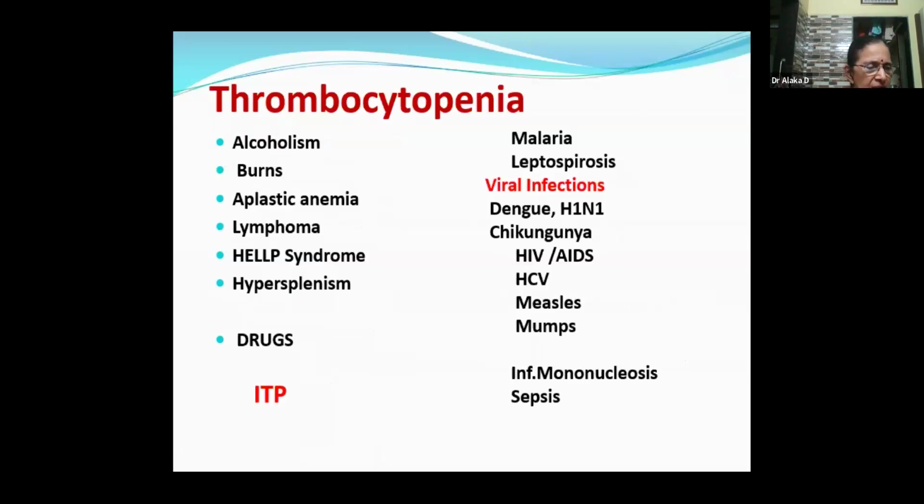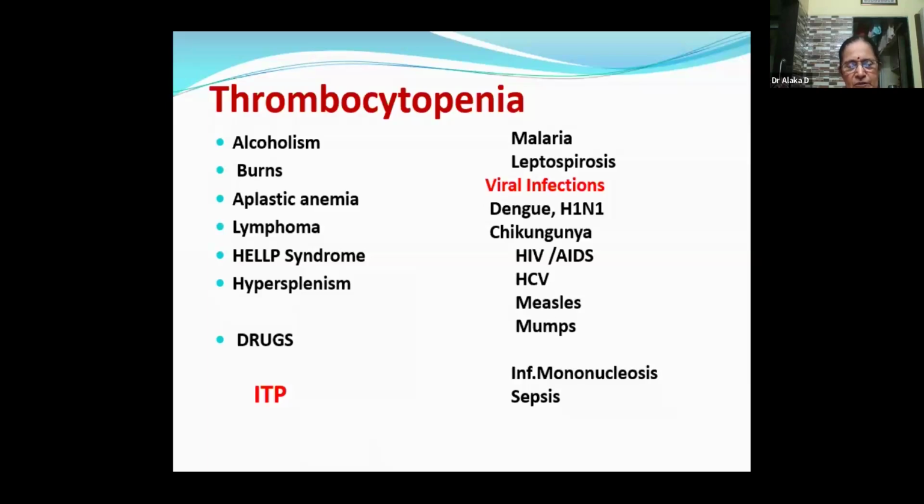Aplastic anemia, you will see thrombocytopenia. Lymphoma, HELLP syndrome, hypersplenism. Whenever the spleen is big, by the sheer size of the spleen, it traps the RBCs, platelets, and destroys them. So we will see thrombocytopenia in hypersplenism.